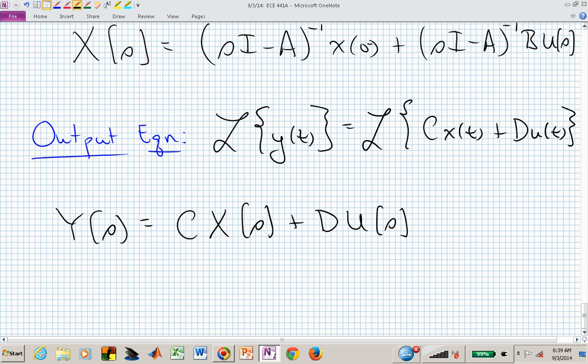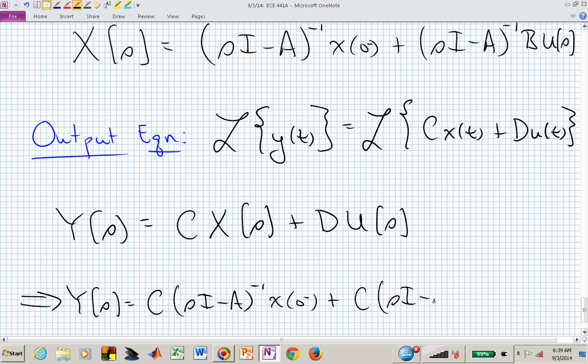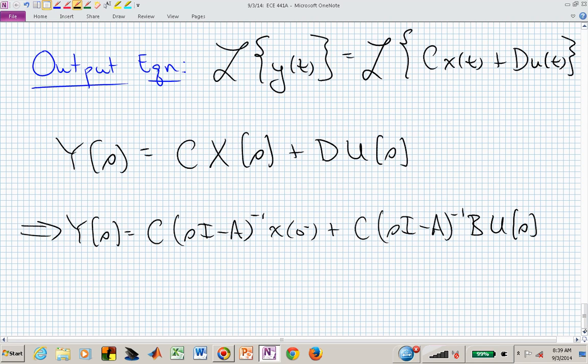We would then have Y of s is equal to C times (sI minus A) inverse X of 0 minus plus C times (sI minus A) inverse B U of s plus, we don't want to forget that D U of s piece.